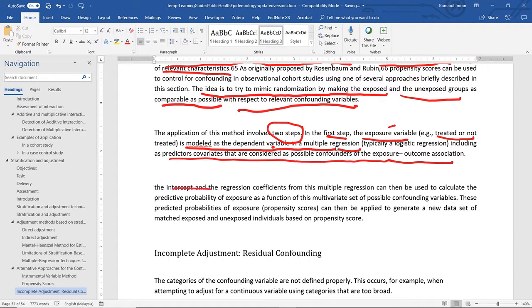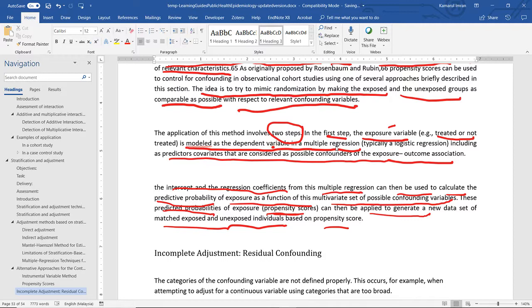Then the intercept and regression coefficients from this multiple regression can be used to calculate the predicted probability of exposure as a function of this multivariate set of possible confounding variables. These predicted probabilities, which we call propensity scores, can then be applied to generate a new data set of matched exposed and unexposed individuals based on propensity scores.